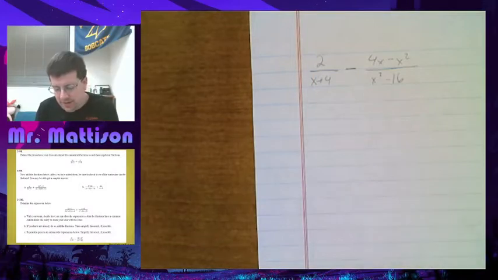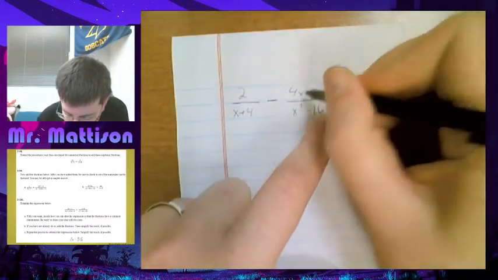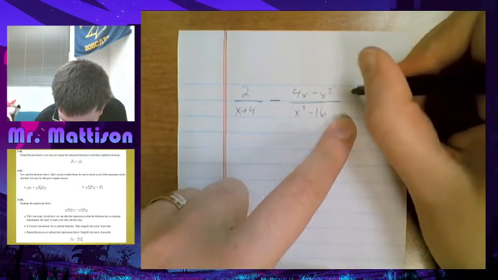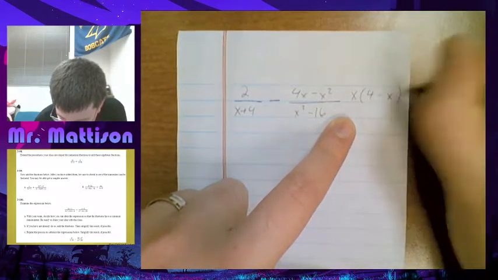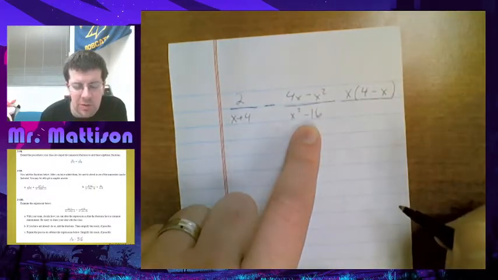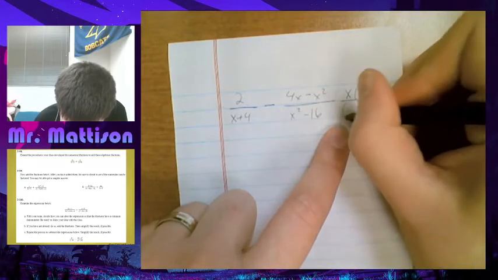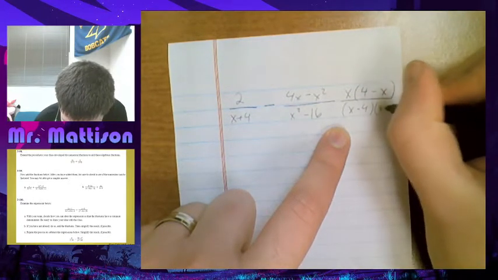So to start off, this is as good as I'm going to be able to get it. But over here, I can do a greatest common factor of x and have x times 4 minus x. And then this is a difference of two perfect squares, so that would factor into x minus 4 and x plus 4.